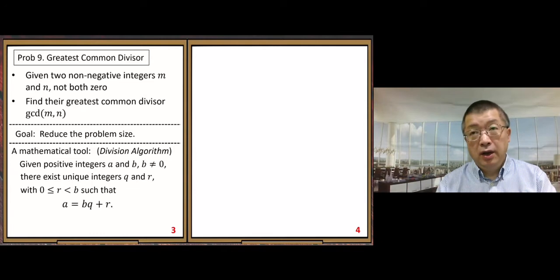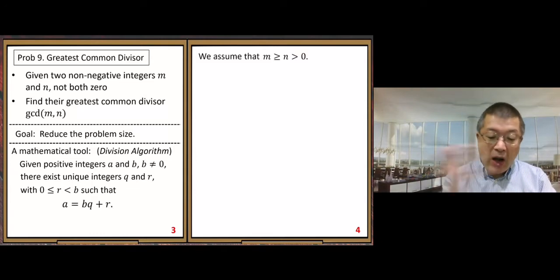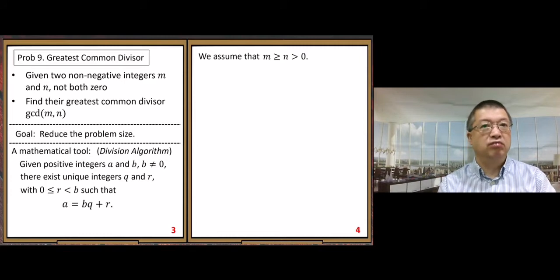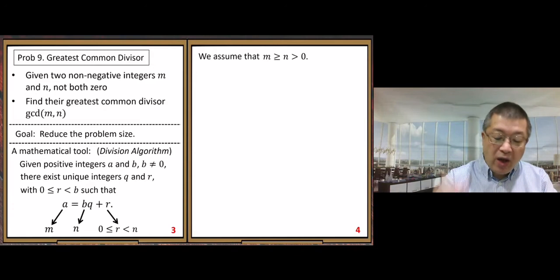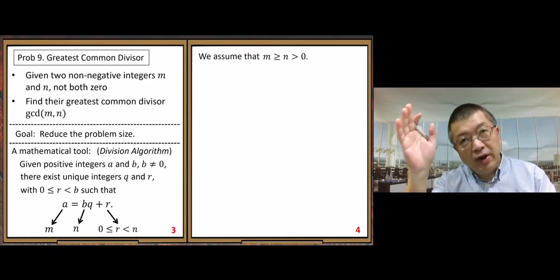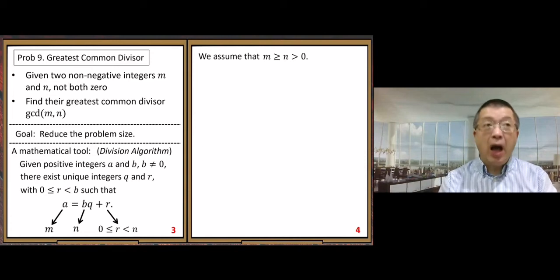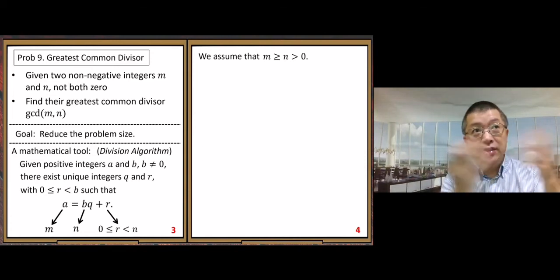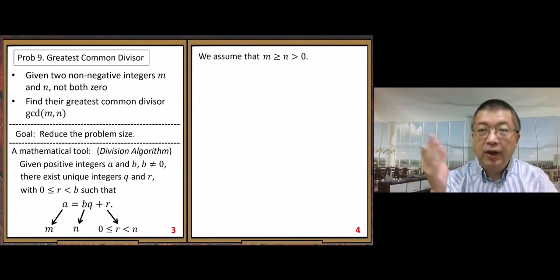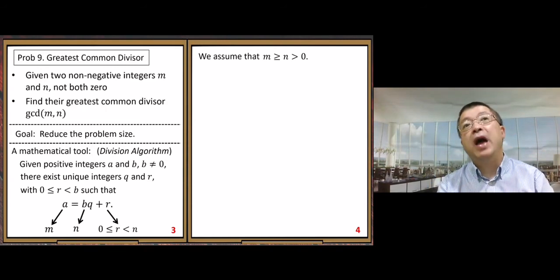All right. Now we need to apply it on our GCD problem. When we start, we can assume m is greater than or equal to n, which is greater than 0. If not, we can switch the two numbers, so switch m and n and we get that condition.